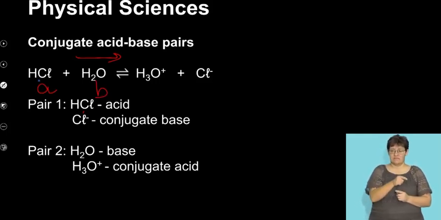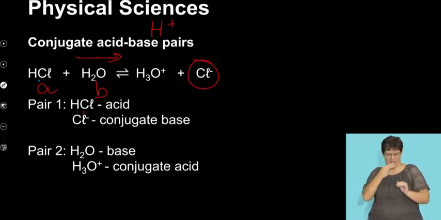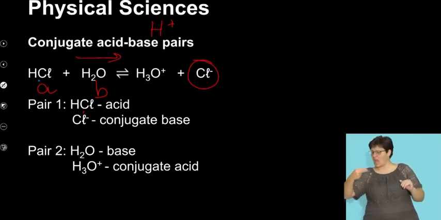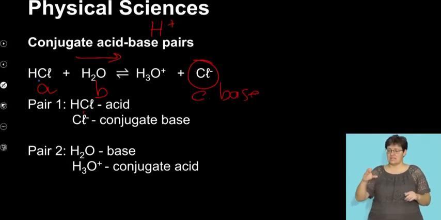When hydrochloric acid, as I said before, donated that hydrogen ion, it has one hydrogen ion less than before. So that becomes the conjugate base of the acid.